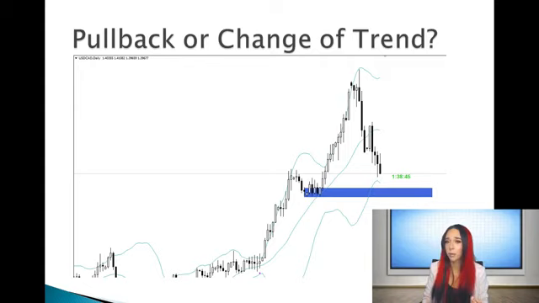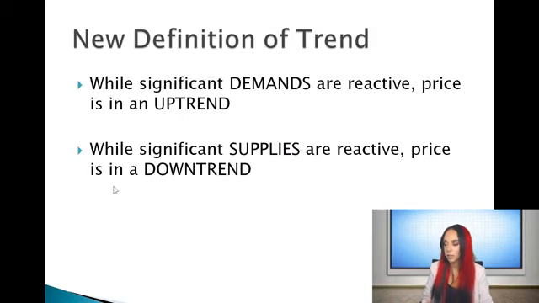But if you're only looking at supply and demand, then for your trend change, the best way to look at it is this. While the significant demands are holding and they're reactive, the price is in an uptrend. When the significant supplies are reactive, the price is in a downtrend.